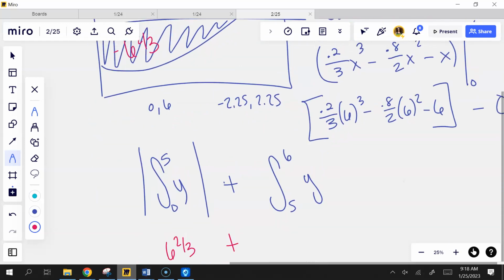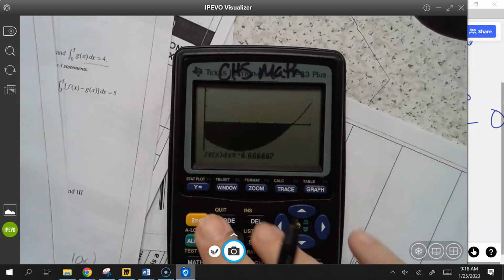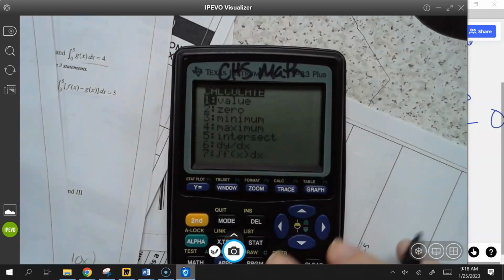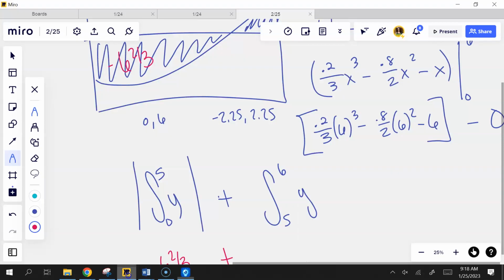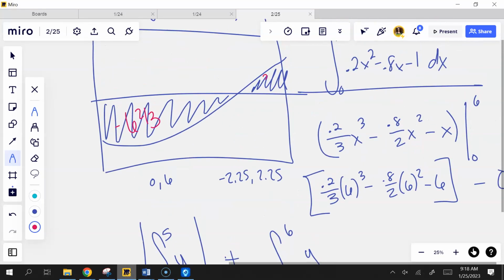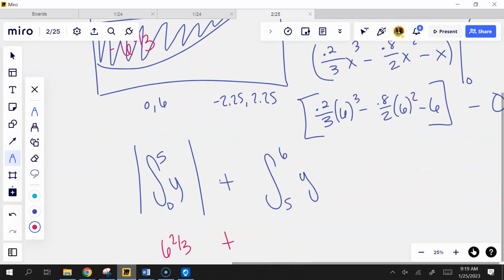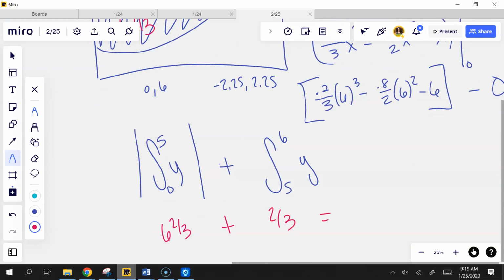And to that, I'm going to add the integral from 5 to 6, and I get 2/3. So 6 2/3 plus 2/3 would give me 7 1/3, or 7.333, or 22/3, whatever.